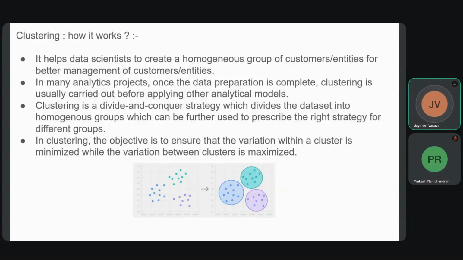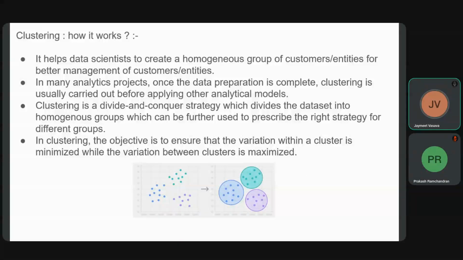Clustering is a divide and conquer strategy which divides the dataset into homogeneous groups, which can be further used to prescribe the right strategy for different groups. In clustering, the objective is to ensure the variation within a cluster is minimized while the variation between the clusters is maximized.